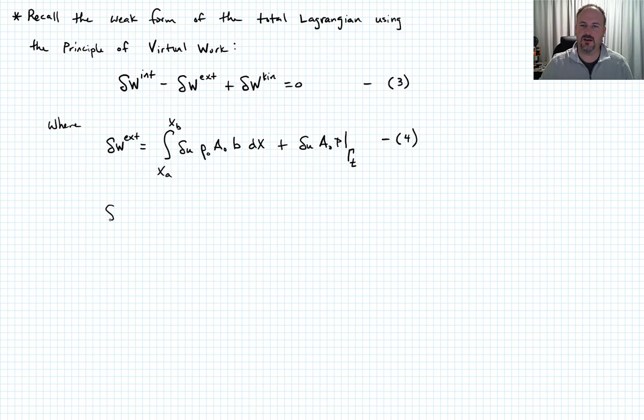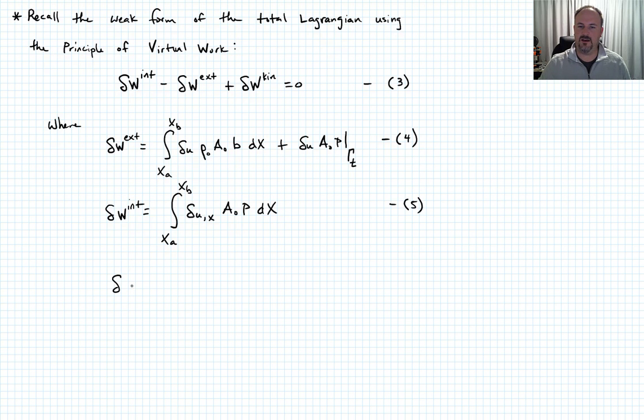We said that the internal virtual work would be equal to the integral from xa to xb of delta u comma x times A naught times P dx. Call this equation 5.